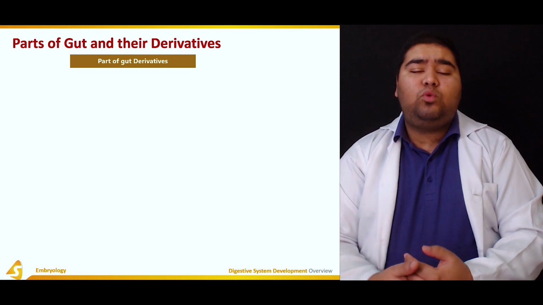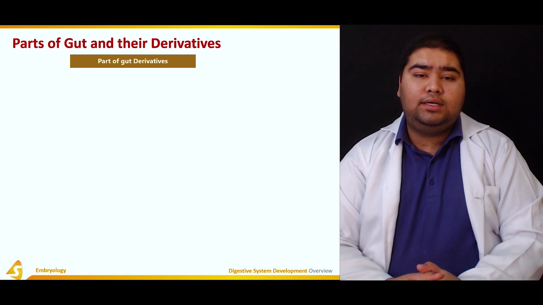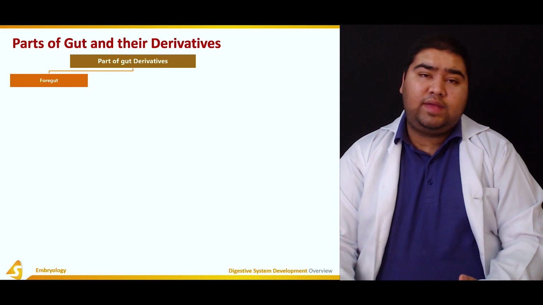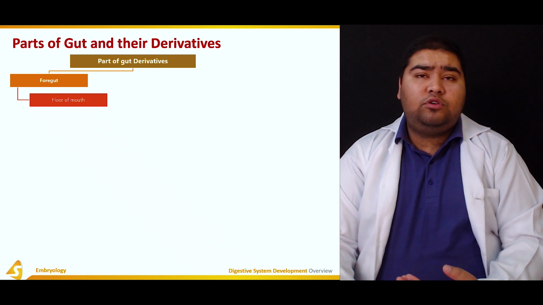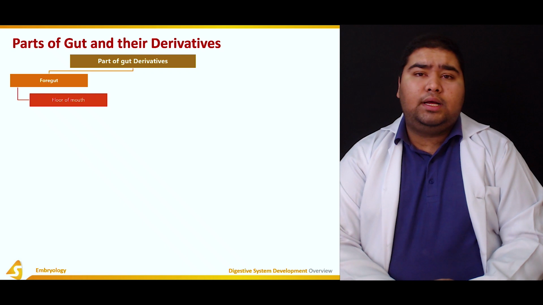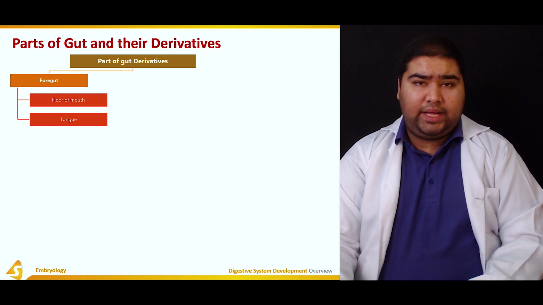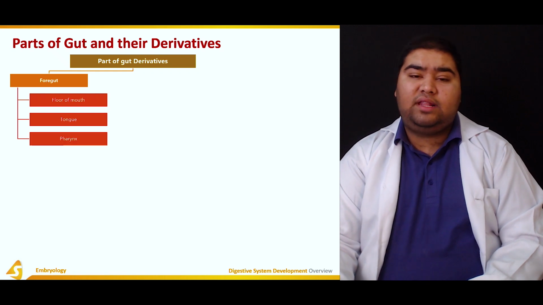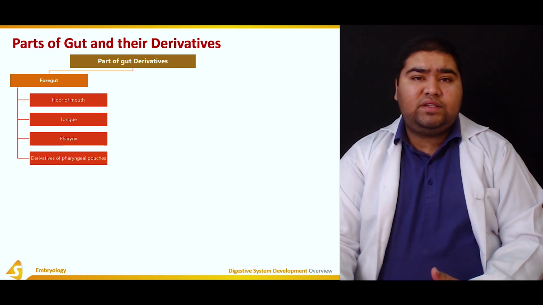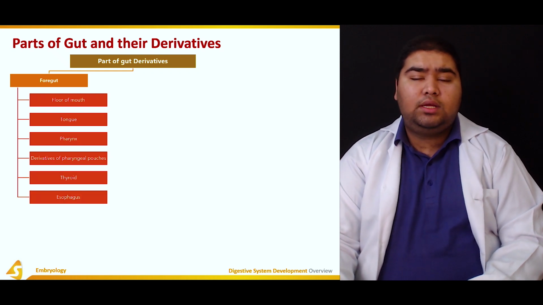So now we'll see what adult derivatives are formed from various parts of the gut. We have the foregut first. The foregut forms the upper part of the gastrointestinal tract. This includes the floor of the mouth, the tongue, the pharynx, the derivatives of the pharyngeal pouches, the thyroid, the esophagus, and the respiratory system.